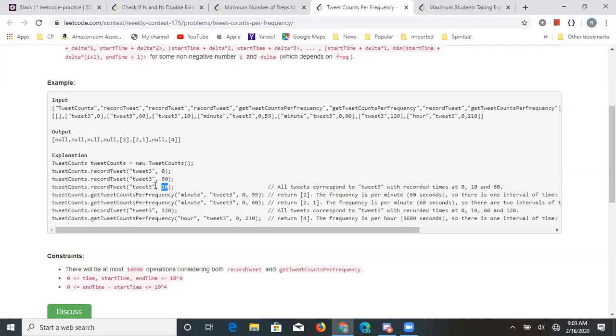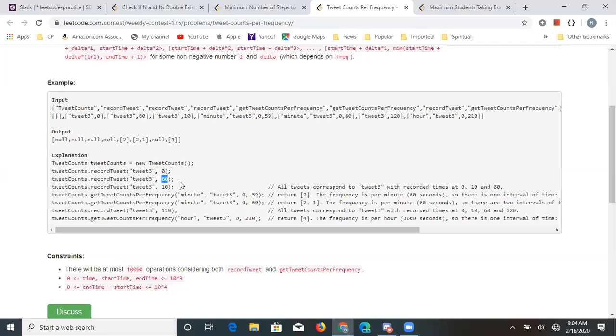Now, if somebody asks me to give the frequency where the granularity is minute and we are looking for tweet 3 from 0 to 59, I should return 2 because we had tweets at 0 and 10th. 60th is not in that range, so we'll ignore that.